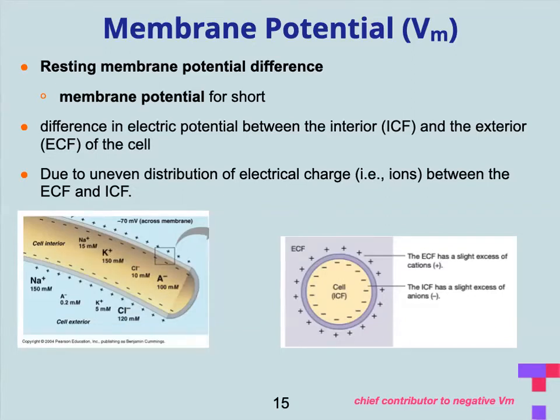And at the same time, the extracellular compartment has missing cations, giving the extracellular fluid a net positive charge. So one consequence of this uneven distribution of ions is that the ICF and ECF are not in electrical equilibrium. Instead, the two compartments exist in a state of electrical disequilibrium.